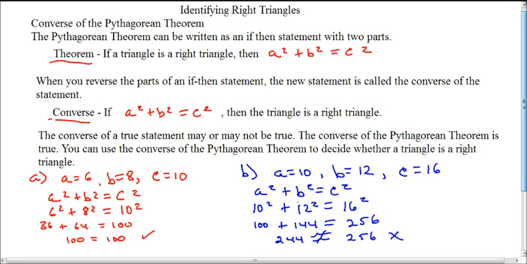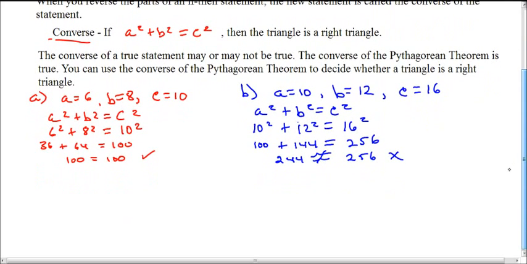I think I want to try one more before I let you go. Let's do so with example C. Let's say a is 14, b is 17, and c is 23.